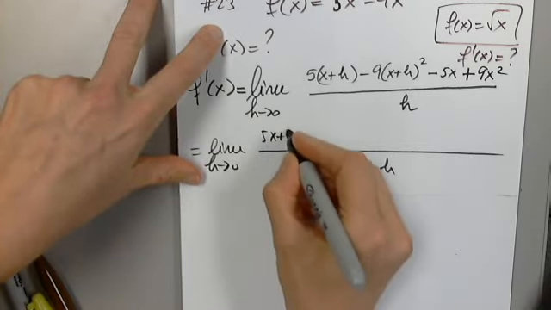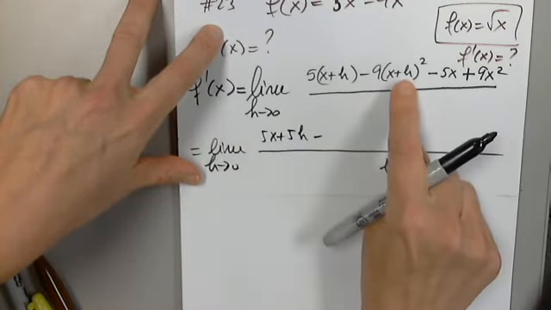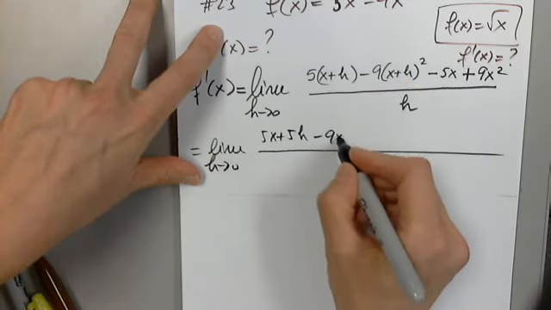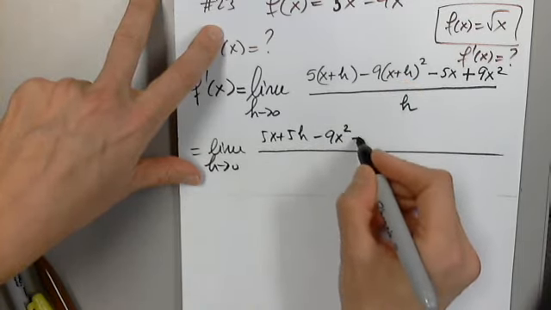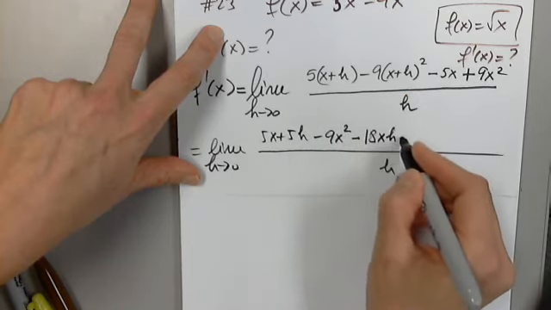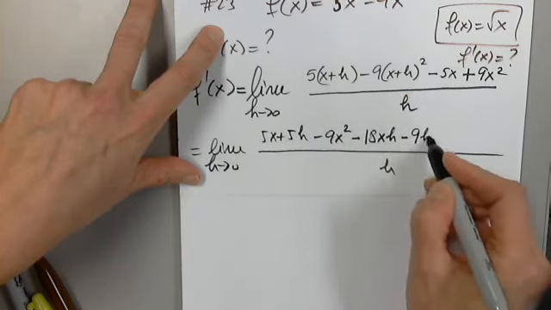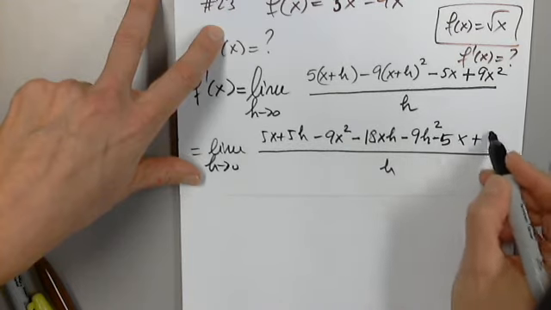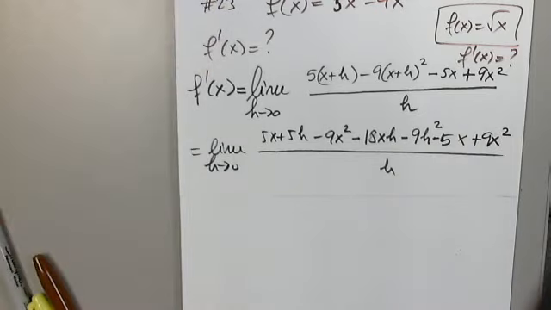So 5x plus 5h minus 9, we have an agreement on this, which is x squared plus 2xh plus h squared.